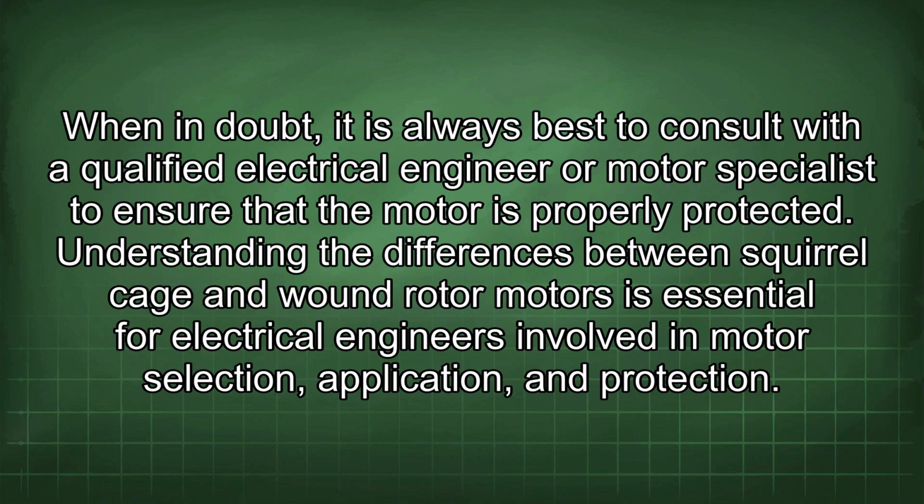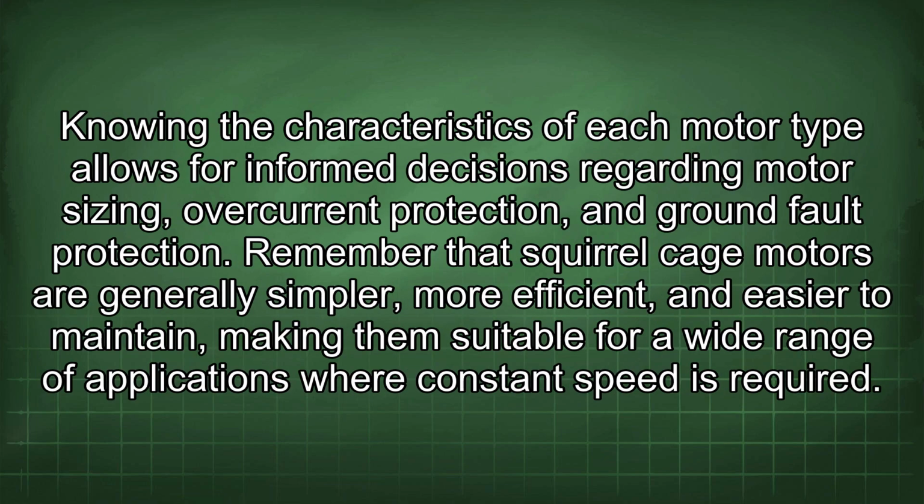Understanding the differences between squirrel cage and wound rotor motors is essential for electrical engineers involved in motor selection, application, and protection. Knowing the characteristics of each motor type allows for informed decisions regarding motor sizing, overcurrent protection, and ground fault protection.